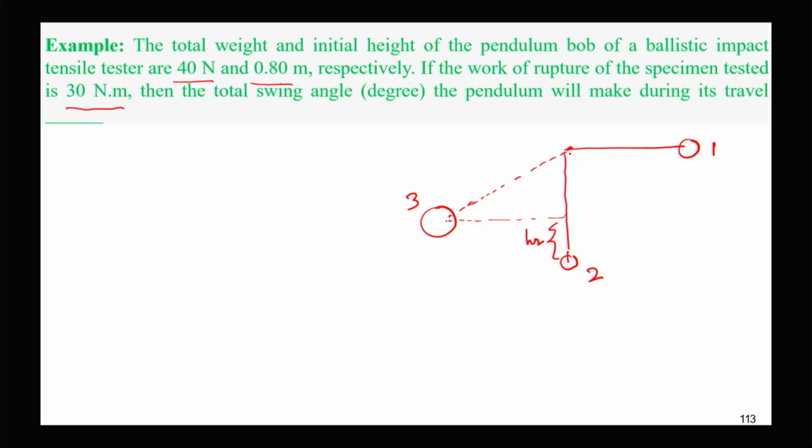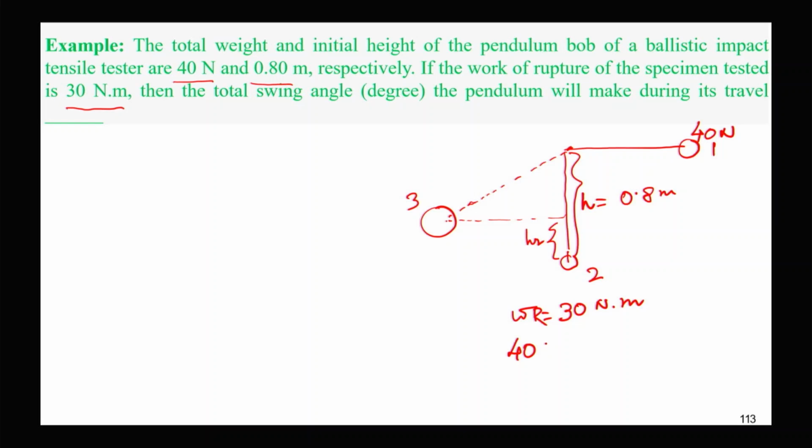So initial height h1 is given as 0.8 meter and the weight is 40 Newton. Okay, now the work of rupture is 30 Newton meter.